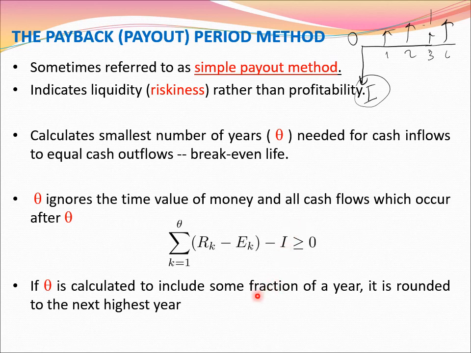It can be a fraction of the year. I mean, it doesn't need to be an integer value. It can be, for example, year 3.4. But what do we do? If it is 3.4, we round to the next highest year. So we assume that in 4 years we recovered the money back.